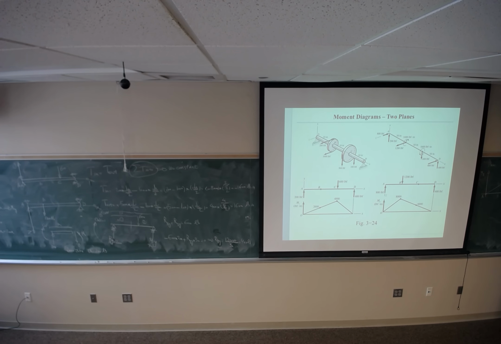At x equals 20, 200 times 20 is going to be 4,000. At this point, point B, 200 times 10, we will get 2,000 as an MB.